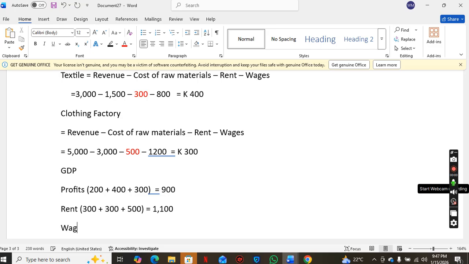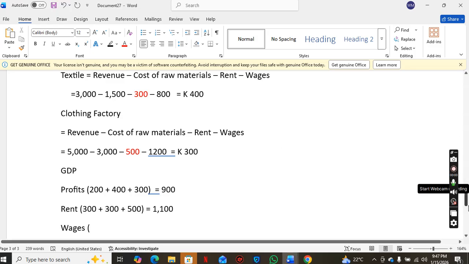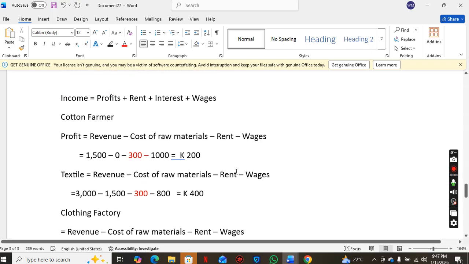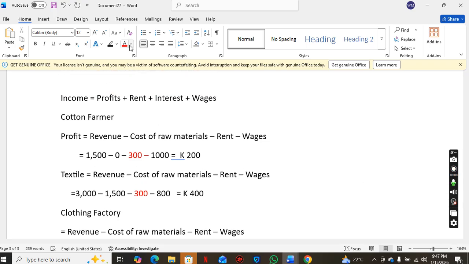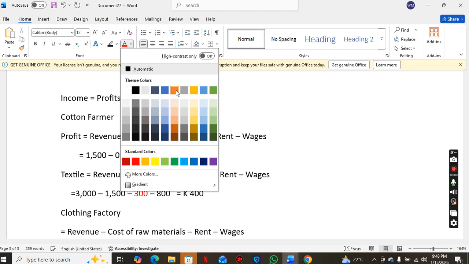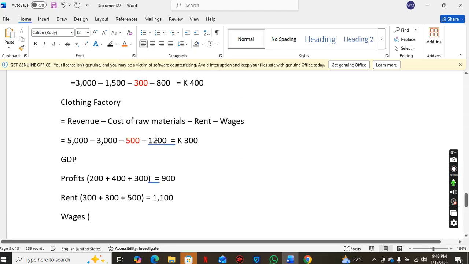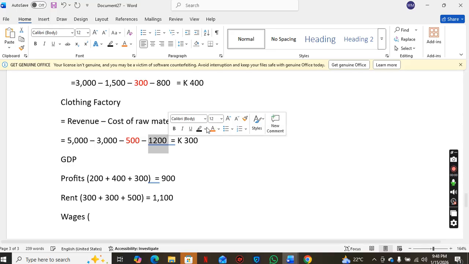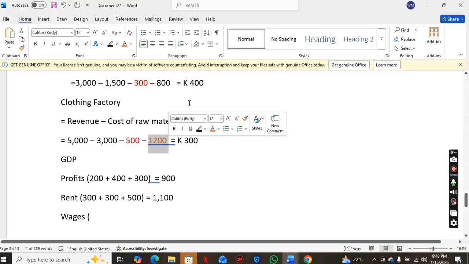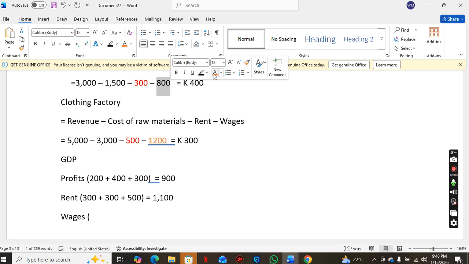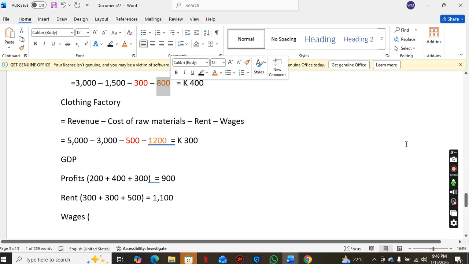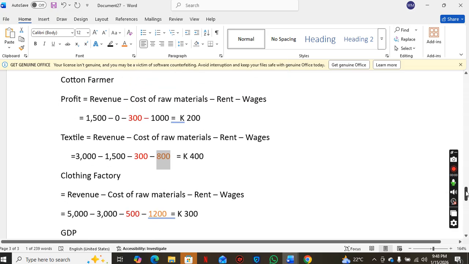So wages: we got 1,200 here, 800 here, and 1,000 here.